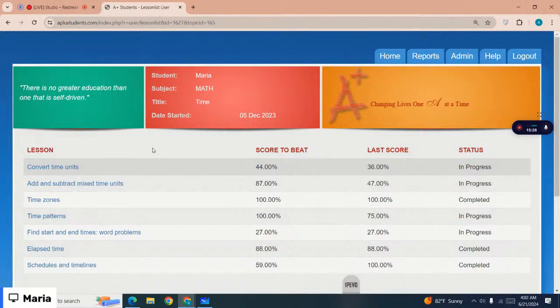Please make sure you have your notebook and pencil so that you can note down the important examples and definitions as well. Let's just start with the first lesson, that is convert time units.